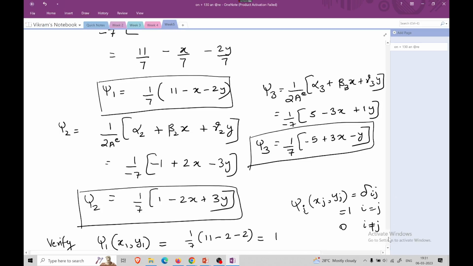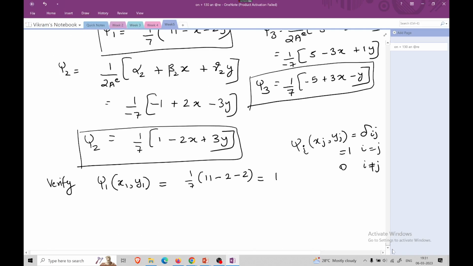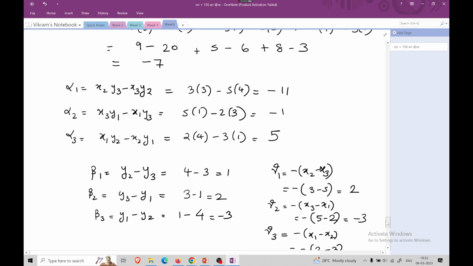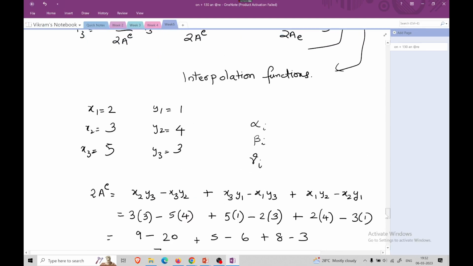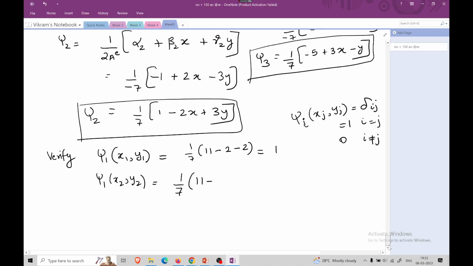So if you put x2 comma y2, psi 1 of x2 comma y2, 1 by 7 into 11 minus, what is x2 comma y2? 3 comma 4. So 2 4 8, 8 plus 3, 11, 11 minus 11, this is 0.